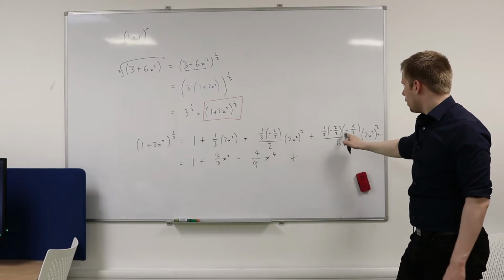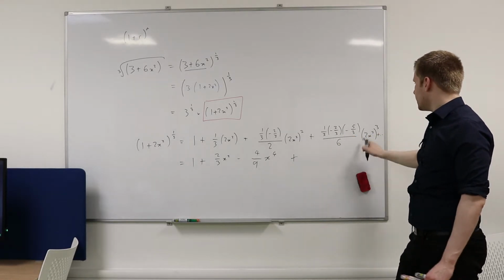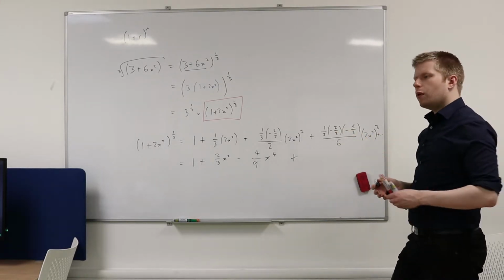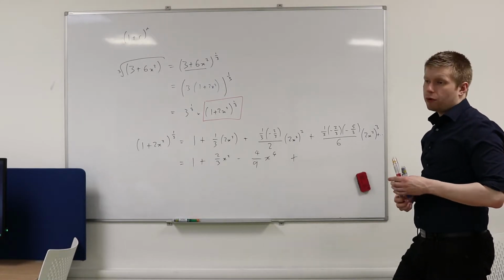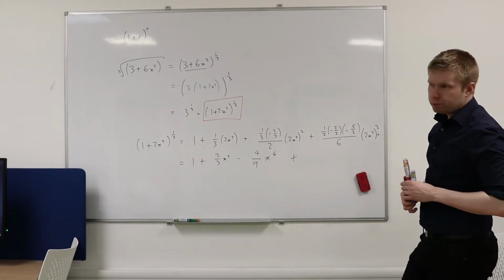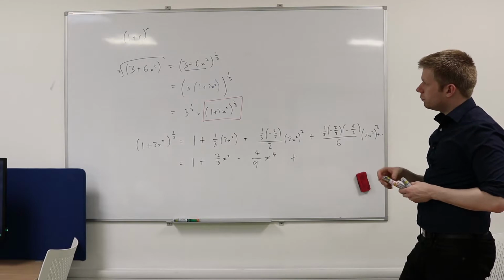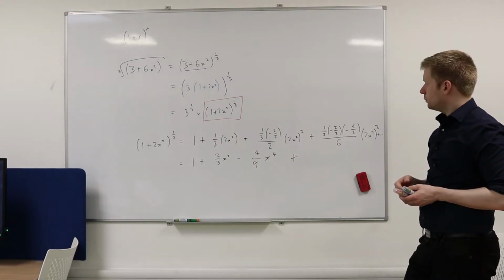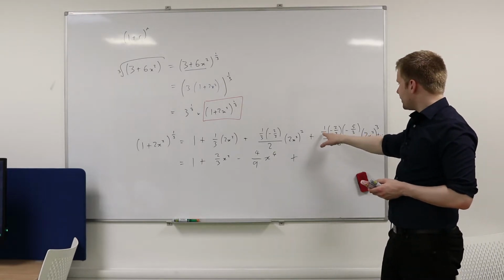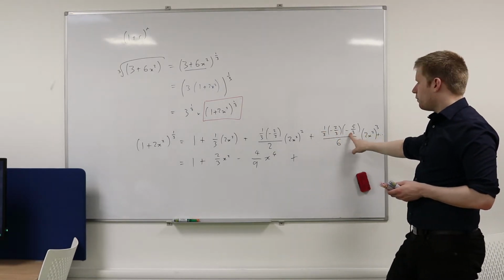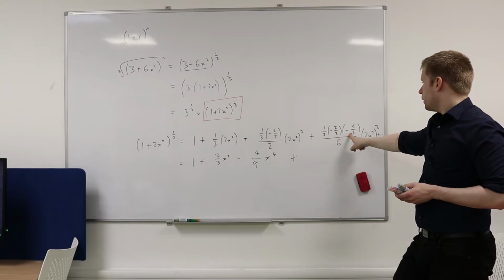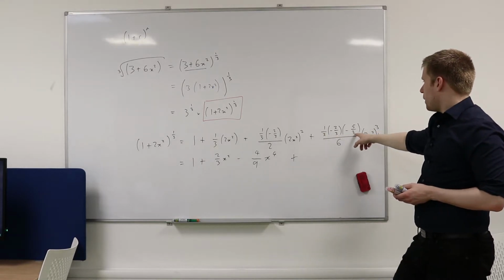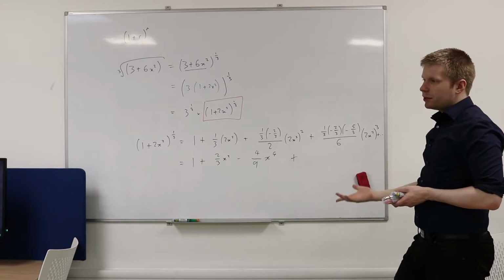So what is 1/3 times by 2/3 times by 5/3 all divided by 6 times by 2x squared all raised to the power of 3? How can we simplify that? So what is 1/3 times by 2/3 times by 5/3 first of all? So you happy we get 27 on the denominator? 10 by 27.